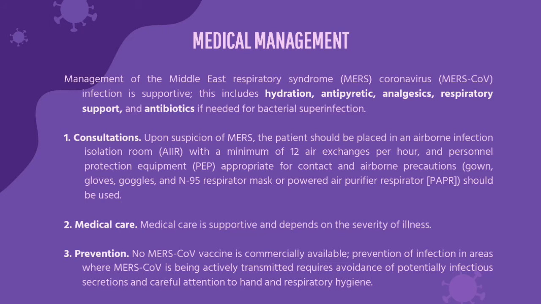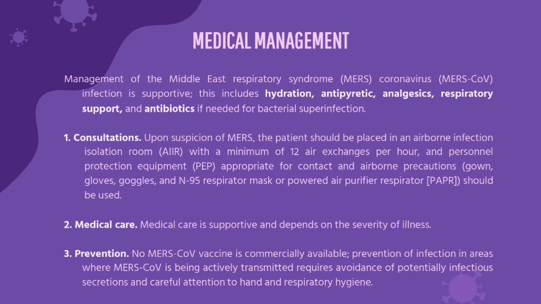Number 1. Consultations. Upon suspicion of MERS, the patient should be placed in an airborne infection isolation room with a minimum of 12 air exchanges per hour, and personal protective equipment appropriate for contact and airborne precautions should be used. Number 2. Medical care.